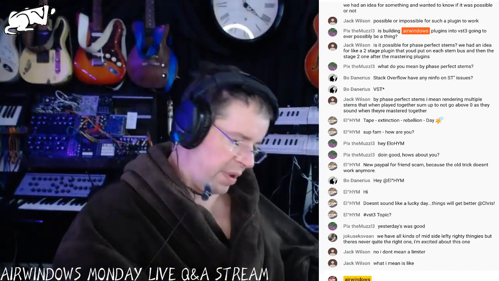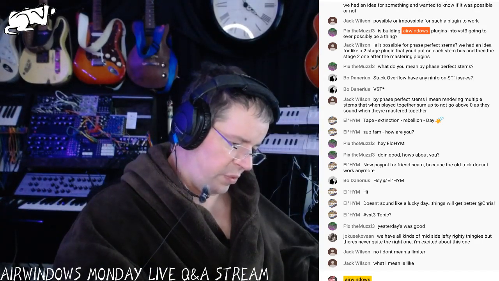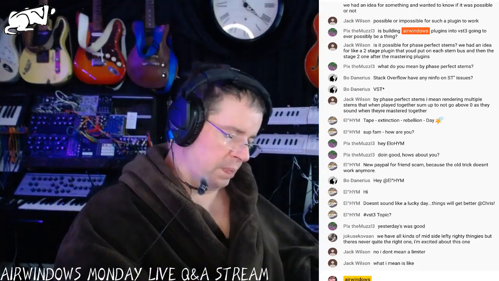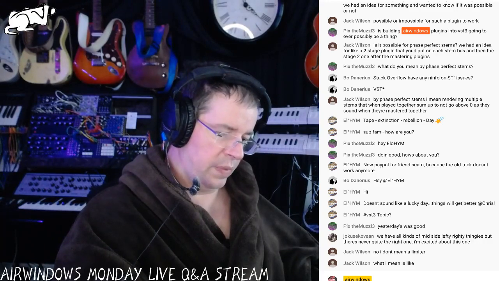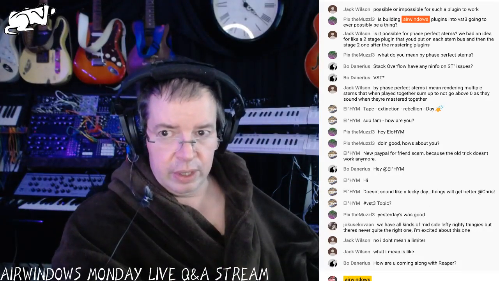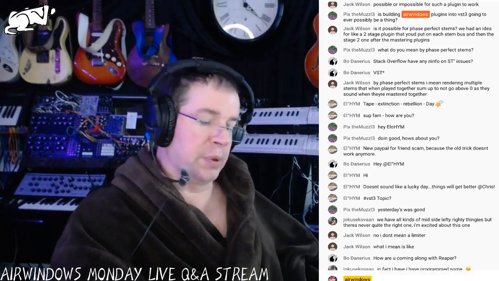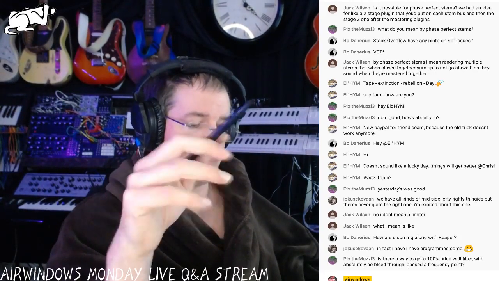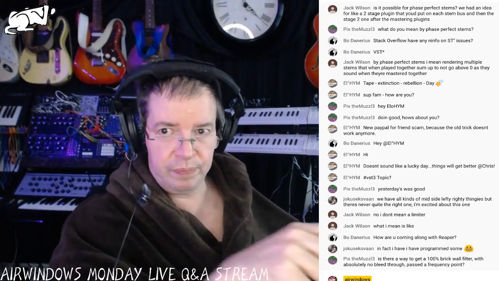So supposing that's the waveform, and you've got a waveform that is filling up the whole space, going up to 0. And then you have a different waveform that is also filling up the whole space and going up to 0. Do you mean having multiple stems, each of which go up to 0, and then when you combine them, it also goes up to 0?